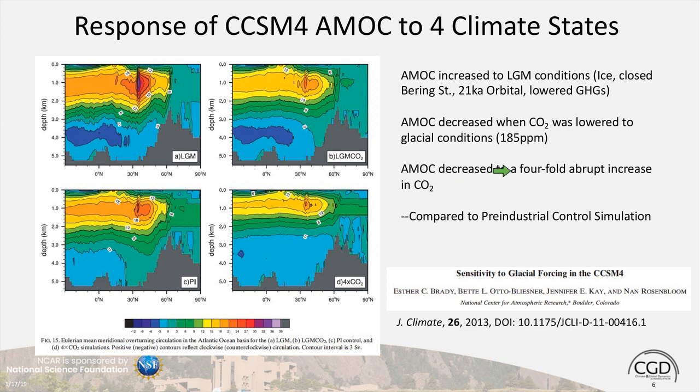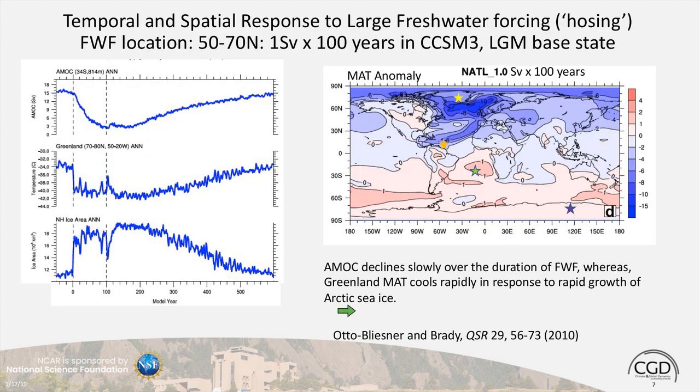So this presented some puzzles that a climate model can be used to try and understand why you get some changes that you didn't quite expect. However, it's a static view, and in order to understand transient climate change, one needs to do some transient studies.